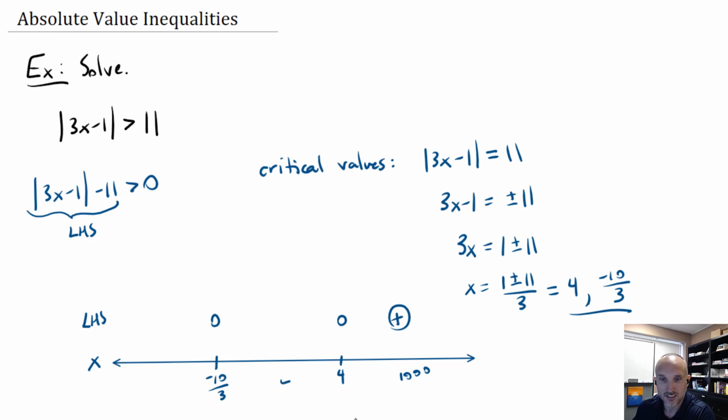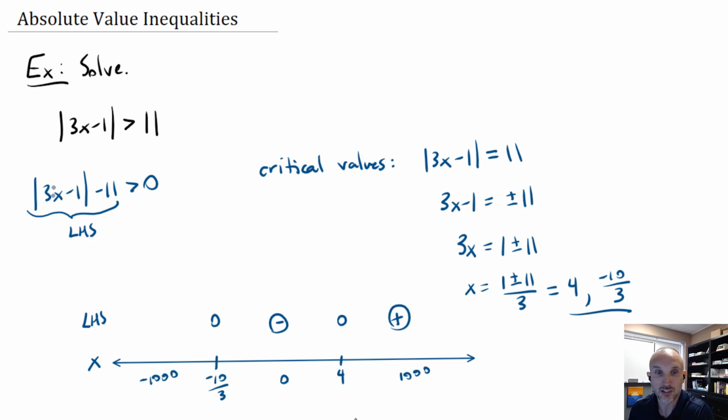If I plug in 0, which is between negative 10 thirds and 4, 3 times 0 is 0, minus 1 is negative 1. The absolute value of negative 1 is positive 1. 1 minus 11 is negative 10. So I get a negative here. And if I plug in negative 1,000, I get negative 3,000 minus 1, negative 3,001.